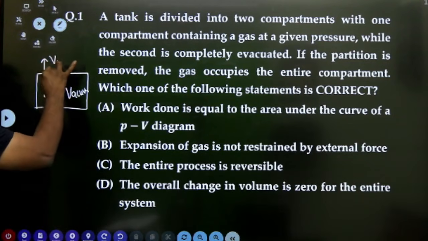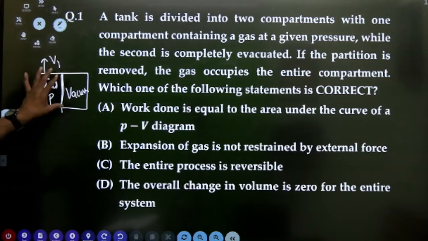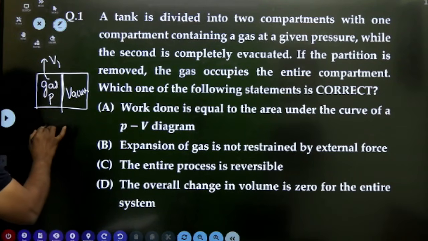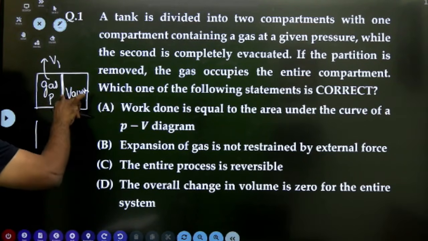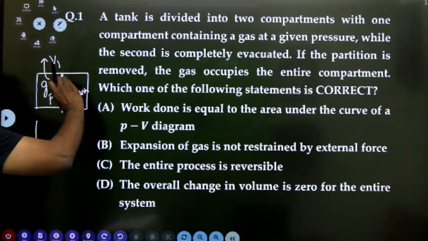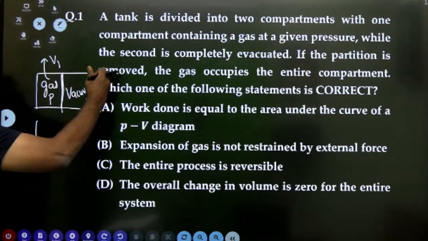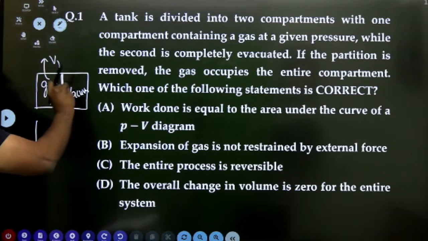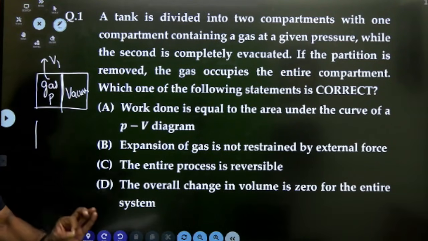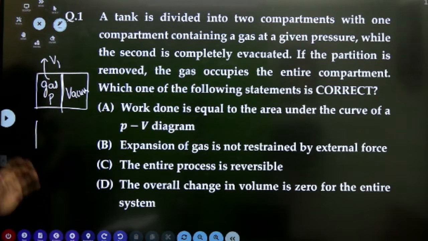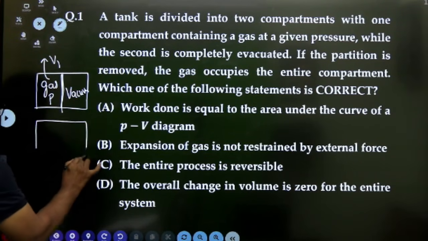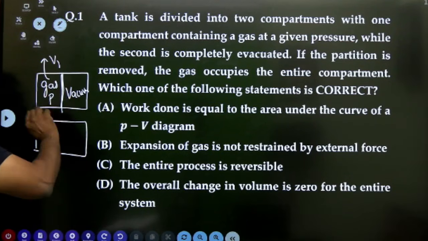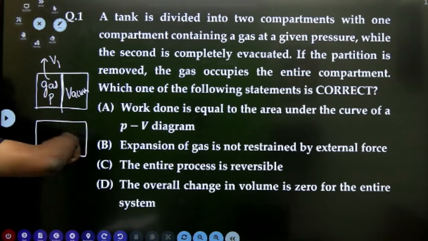Initially, the gas is occupying a volume V1, let us say. If the partition is removed, there is no material medium on this side. When there is no material medium, there is no resistance for the expansion of this gas. So it is unrestrained or free expansion. If I remove it, the gas will finally occupy this complete space.